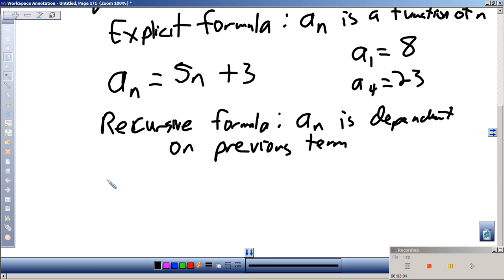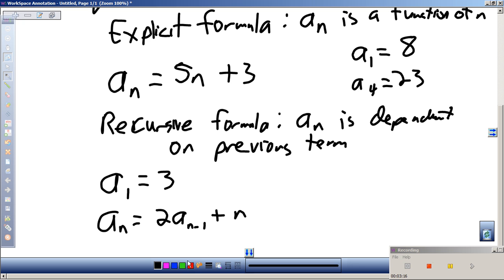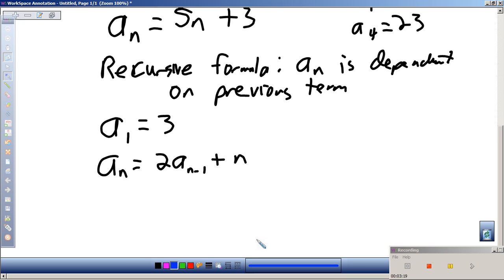In other words, we might start with something like this, where it says a1 equals 3, a sub n equals 2 times a sub n minus 1 plus n. So first, what's a1? It says 2 times a sub n minus 1 plus n. So what's a1? 3. What is a2?